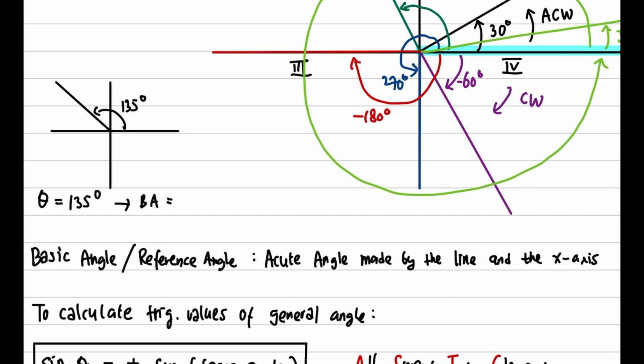The basic angle is the acute angle made by the line, which is this one, and the x-axis, not just positive, so it can be negative, can be positive, this one. So the acute angle is this one, which is 45 degrees. How do you get that? You just subtract 180 degrees minus 135 degrees, you get 45 degrees. So the basic angle is 45 degrees.